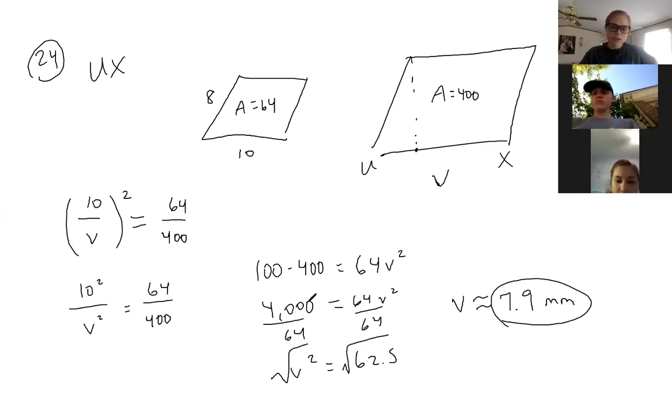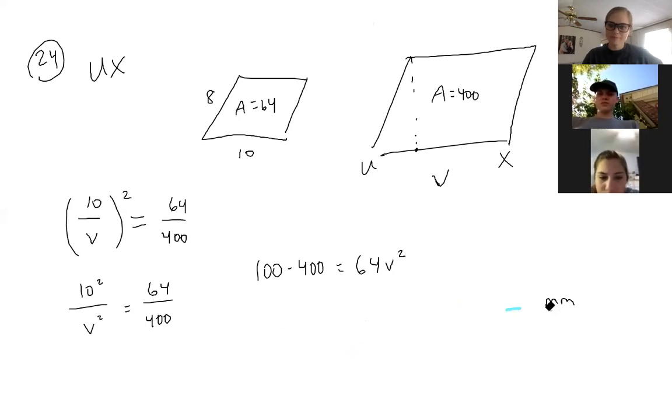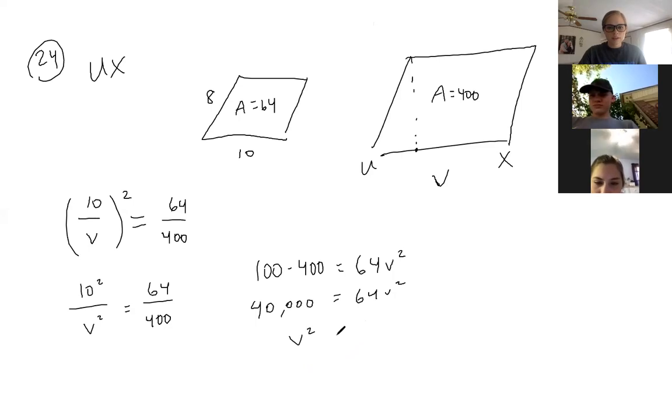Miss Lauren, what is 100 times 400? 40,000. Thank you. Man, what is going on today? All right, what is 40,000 divided by 64? 625.